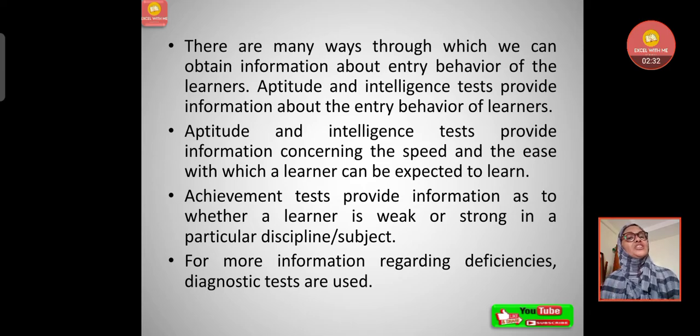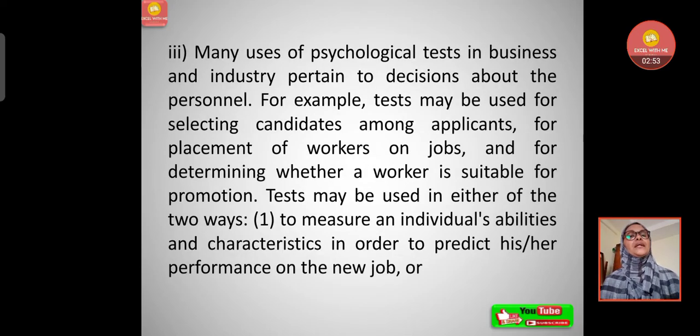Now, achievement tests provide information as to whether a learner is weak or strong in a particular discipline or subject, so that we can have some remedial measures or steps. For more information regarding deficiencies, diagnostic tests are used. Obviously, to diagnose the deficiencies, these tests are undertaken.